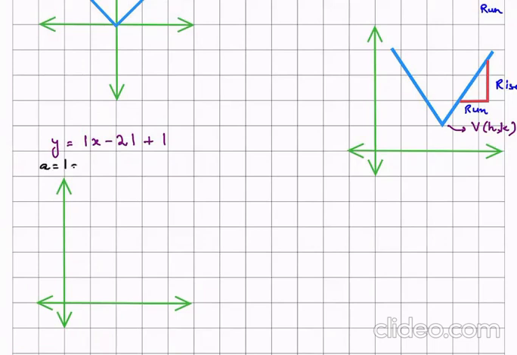So a is 1 means it's 1 upon 1. So rise is 1 and run is 1 as well. h is 2, k is 1. So it means that I will start the graph from h equals 2 and k equals 1, and my rise and my run will be 1. So my graph will look like this.